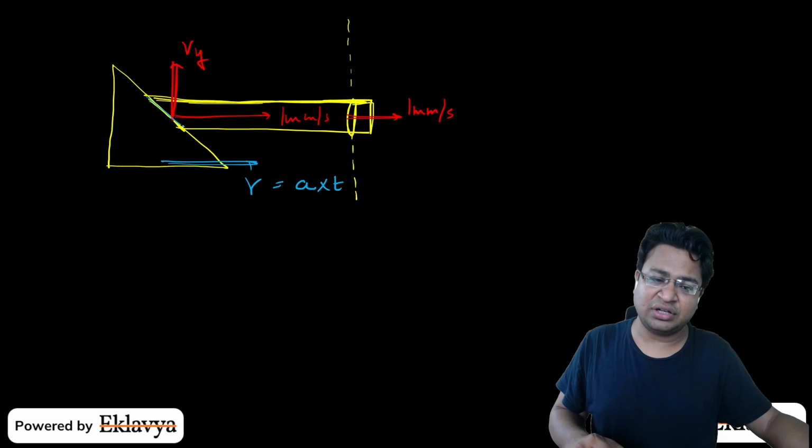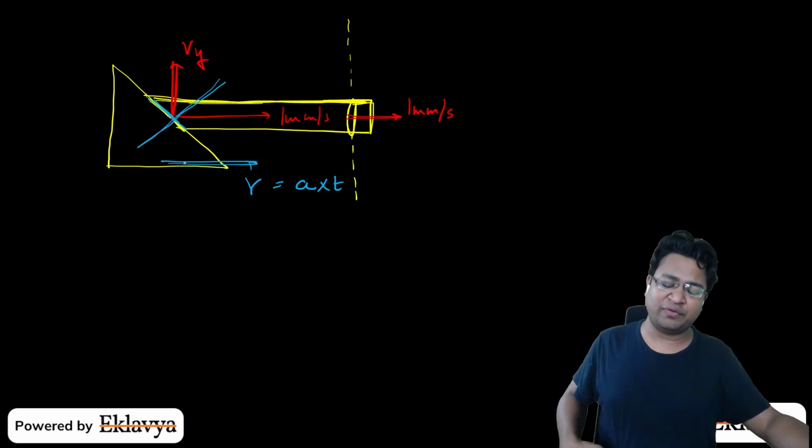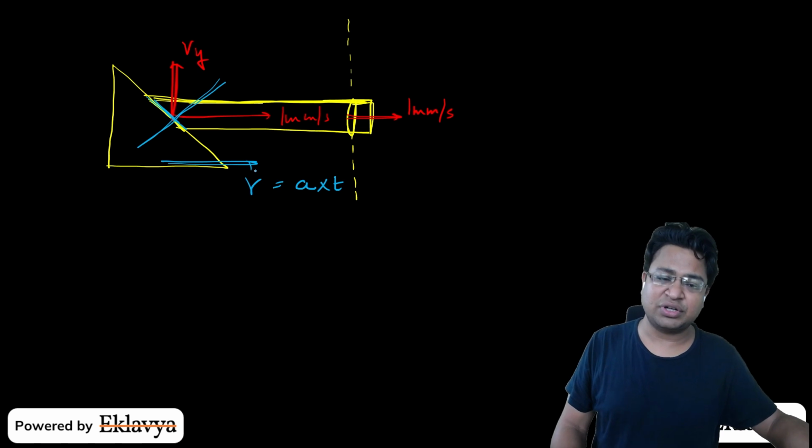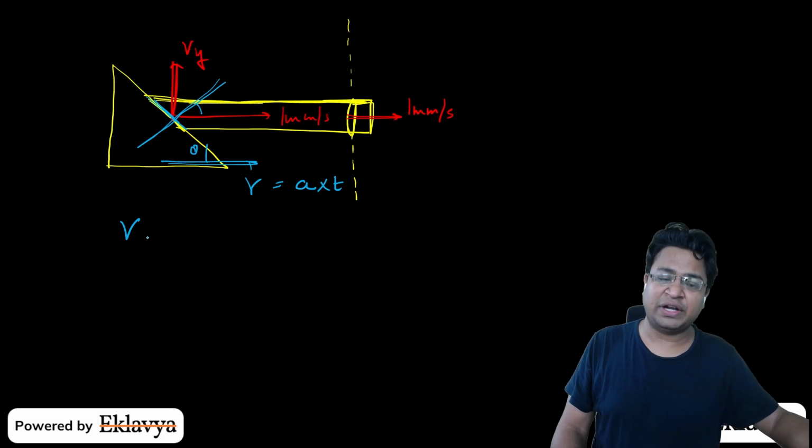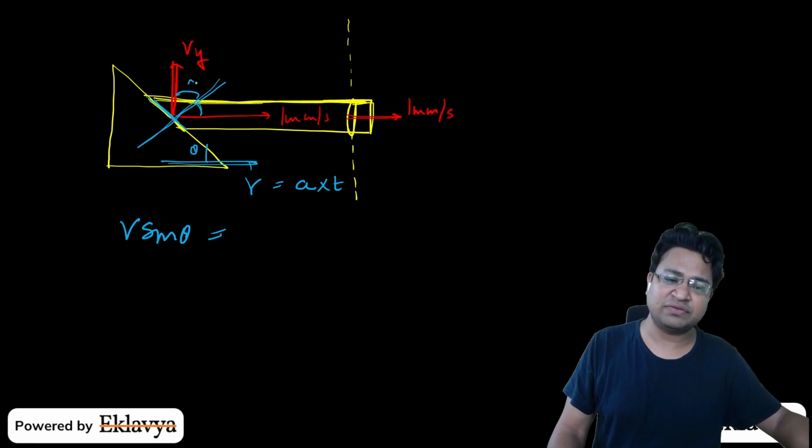Now, if I write the wedge constraint, that means the velocity along the normal should be equal for the wedge and the bar. So the velocity component of wedge would become, this angle would be 90 minus theta if this angle is theta, so it would become V cos of 90 minus theta, which is sine theta. So V sine theta is equal to, now this Vy will have a component in this direction. This angle was 90 minus theta, so this will become theta.